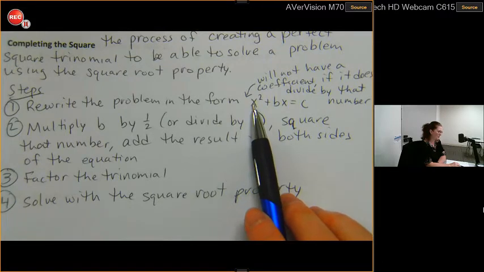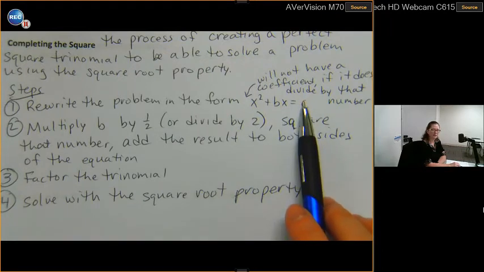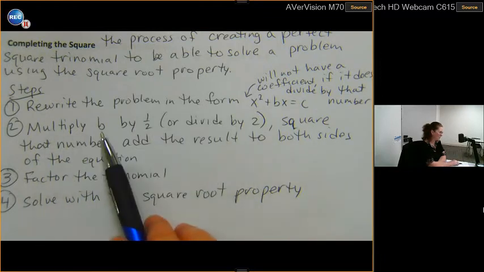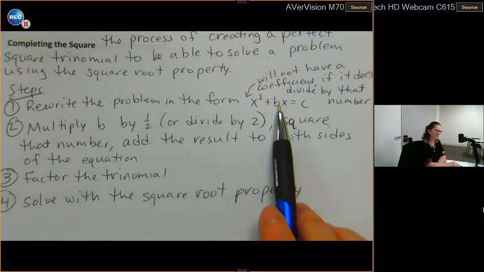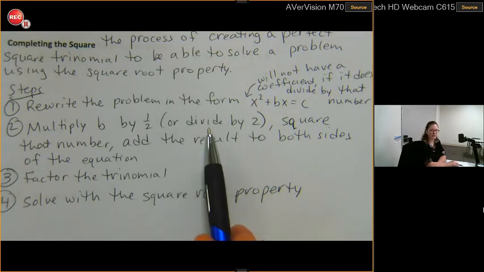So you have your x squared and then your x term on one side of the equation, and you move the number by itself to the other side. The next step in the process of completing the square is to multiply b, that would be the number in front of the plain x, by a half, or divide by 2. It's the same process.